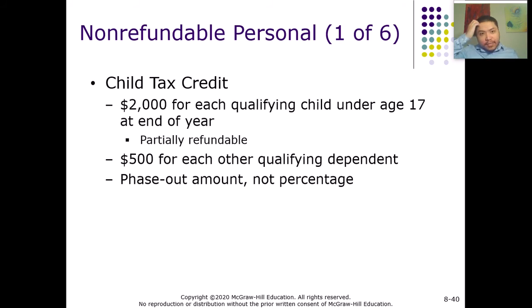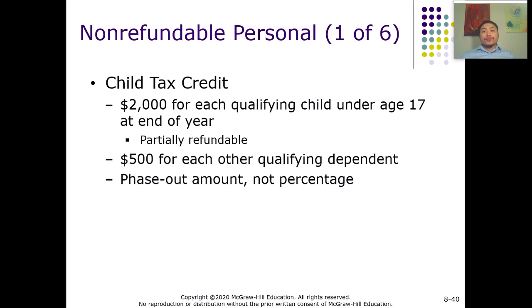So let's get back to our chapters. So the child tax credits. For each qualifying child under the age of 17 at the end of the year, the taxpayers can claim $2,000, right?